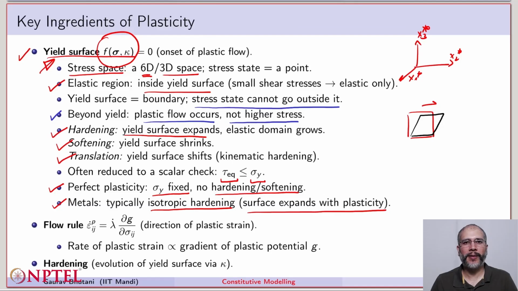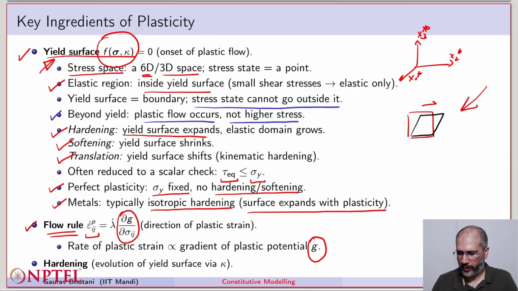So once you identify the yield stress value through the yield surface, then you have to figure out if the material actually is plastically flowing, and how it is flowing. So this is where the flow rule comes into the picture. We define a plastic potential function G, and through its derivative, we understand the direction in which the plastic strain accumulates.